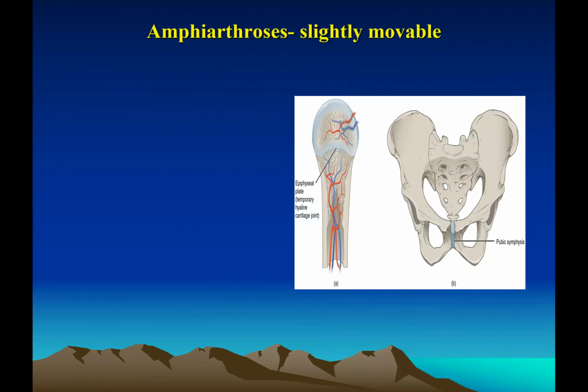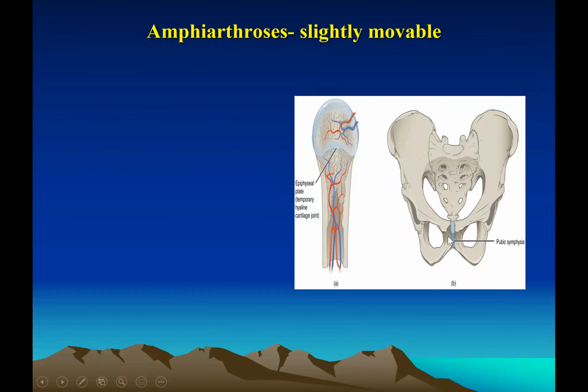In amphiarthrosis, amphi means in between. It is not fully movable, but it is not immovable. It's in between both. It's slightly movable. So, two good examples would be the syndesmosis, where bones are connected by ligament, and symphysis. So, there's a pubic symphysis.